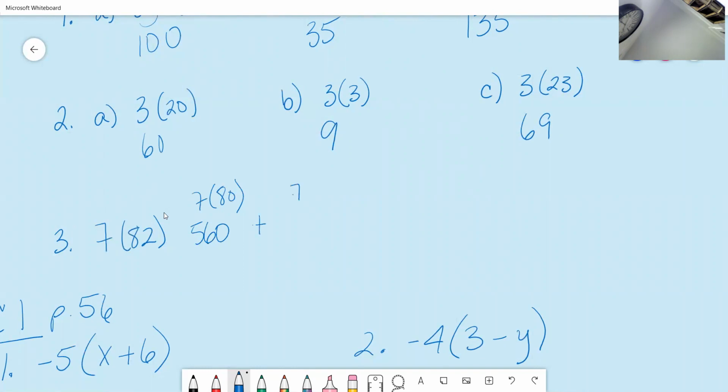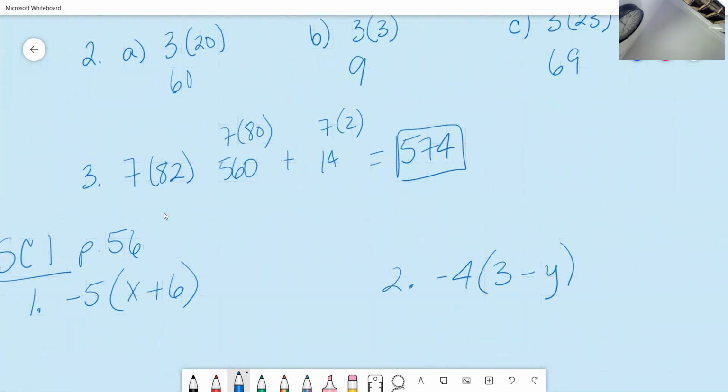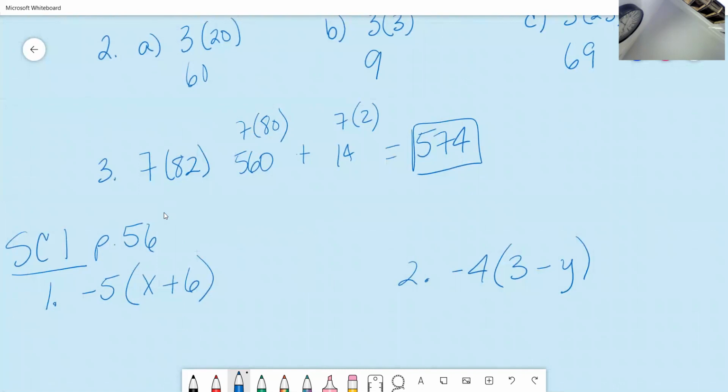And then 7 times 2 is 14. So then you know your answer is 574. So that's a way to practice that, do it in your head. So then you know that 7 times 82 is 574 without having to work it out longhand.